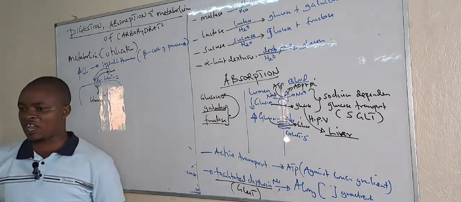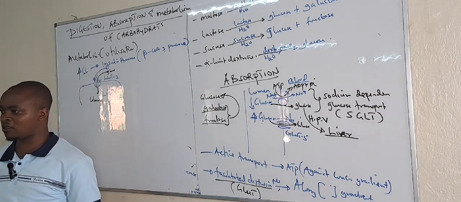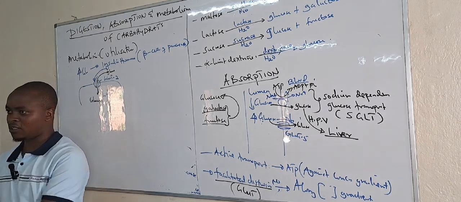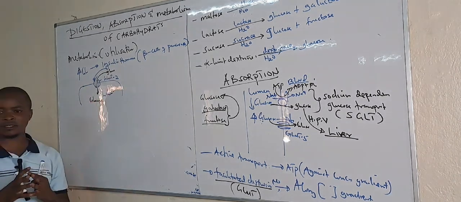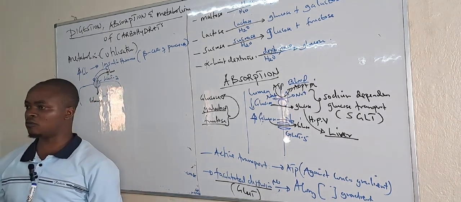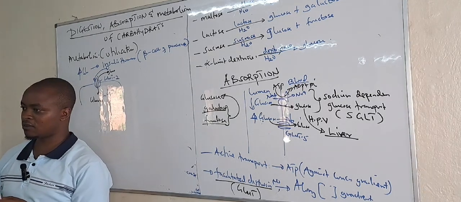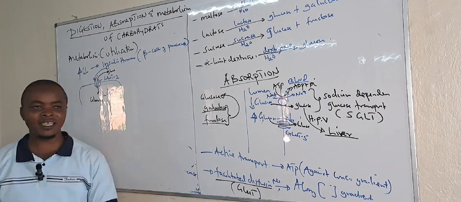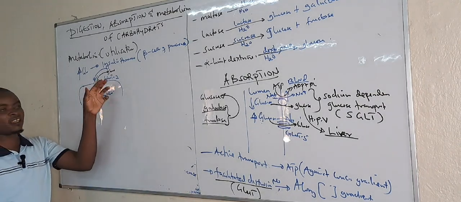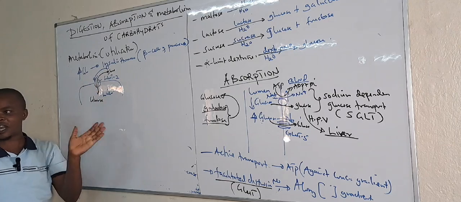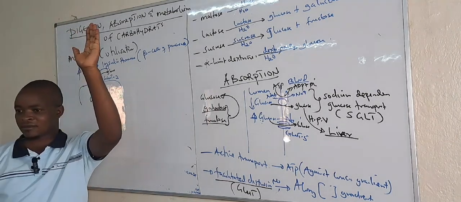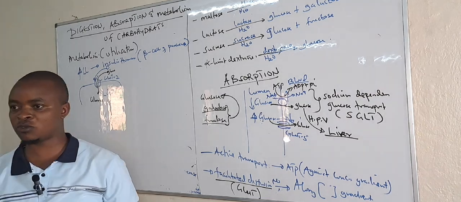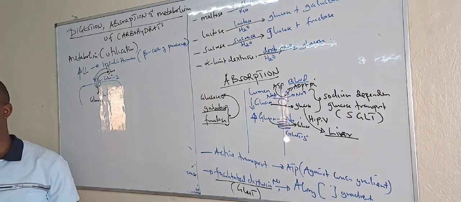So what enables entry of glucose into liver cells is insulin, which leads to the opening of glucose transporters to deliver glucose. That's why we see people with type 2 diabetes, which we say have insulin resistance. Because of not doing exercise, these gates become almost like rusted, so that even when insulin comes and sits there, they cannot open. That's what we call insulin resistance, whereby the liver cells are no longer responding to insulin.